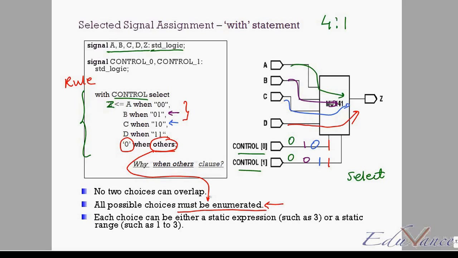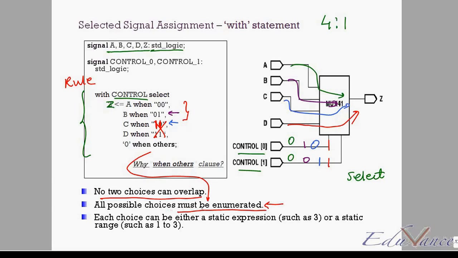You cannot have two choices overlapping, so you could not write, for example, Z gets C when 1 1 and D when 1 1. This is not acceptable. So two choices cannot overlap.